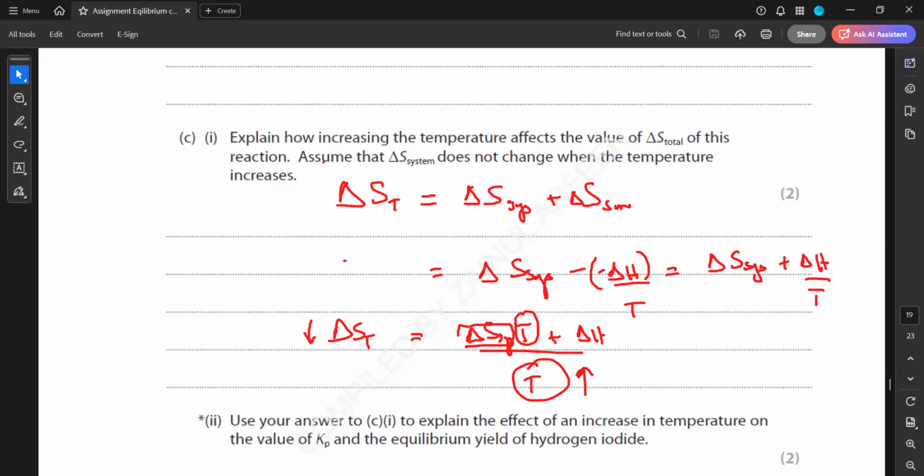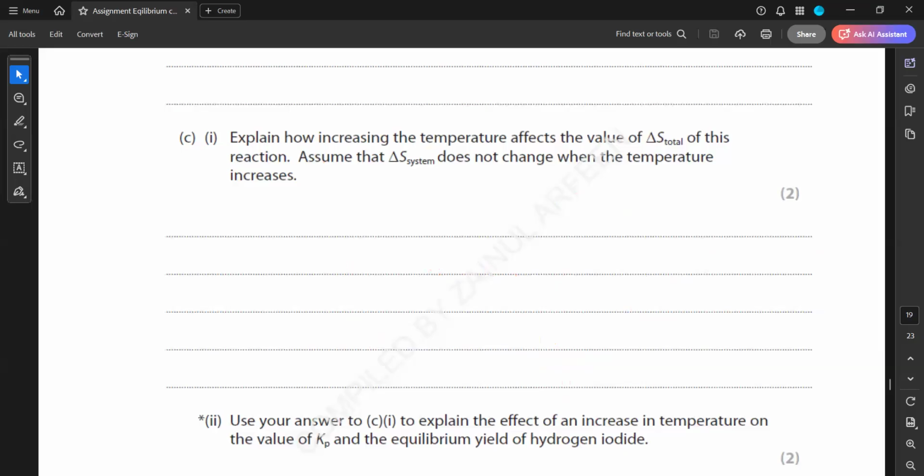Or you can also justify it this way, because if temperature is coming in two equations, it will be difficult. So the total entropy is the entropy of the system plus the entropy of the surrounding.